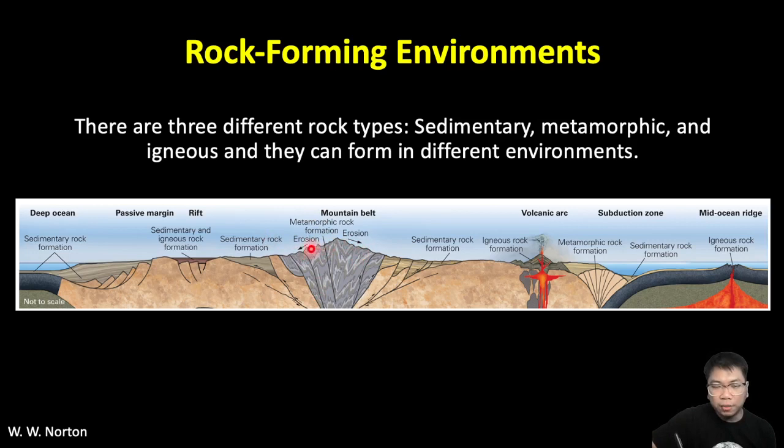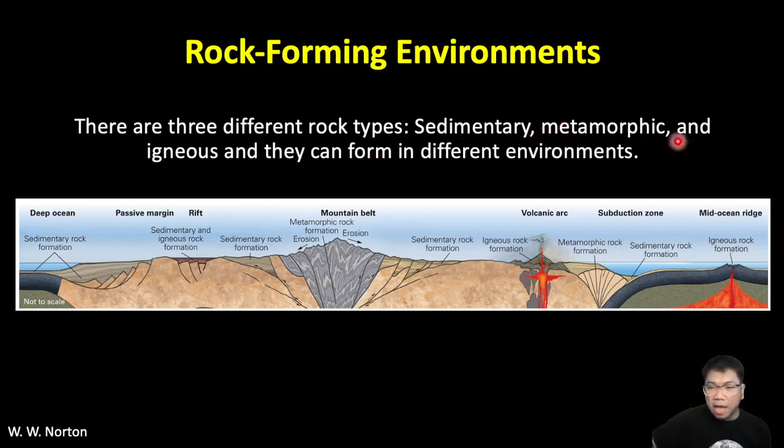The erosion and weathering will produce sediments, and those sediments will be dumped into sedimentary basins, such as right here or right there or here in the ocean. When they accumulate, they will start to get buried, and they will start to change, and they will eventually become sedimentary rocks.